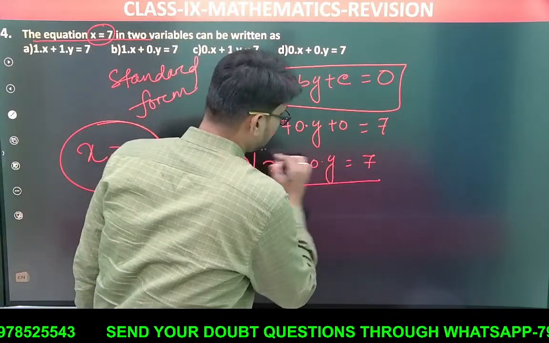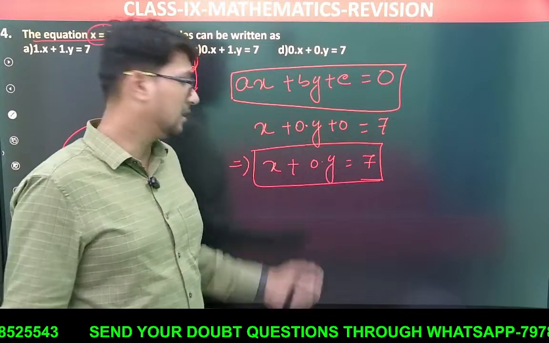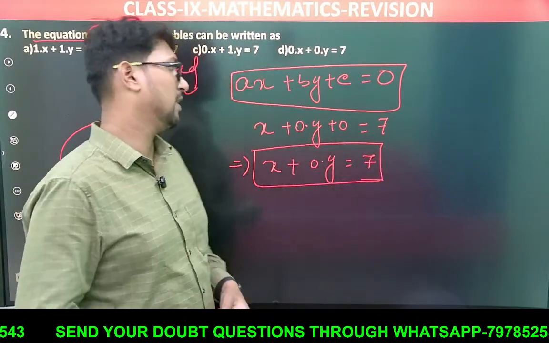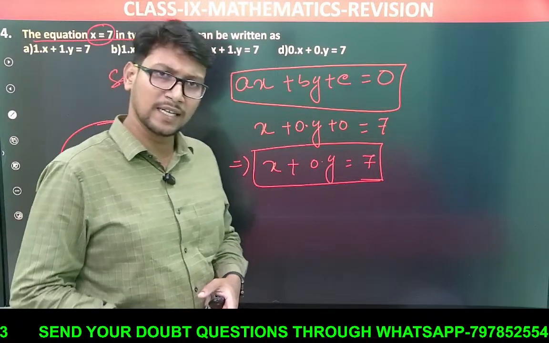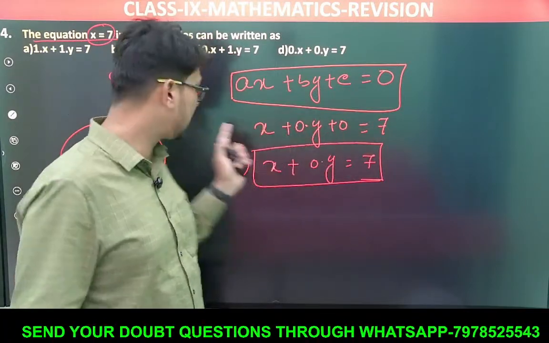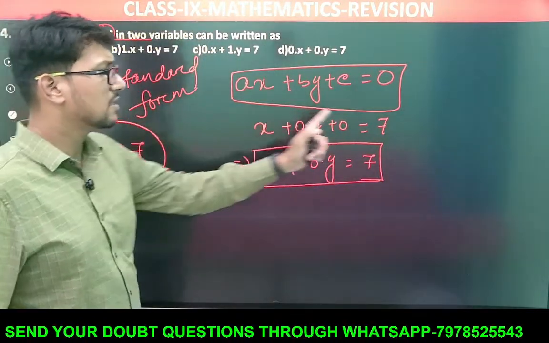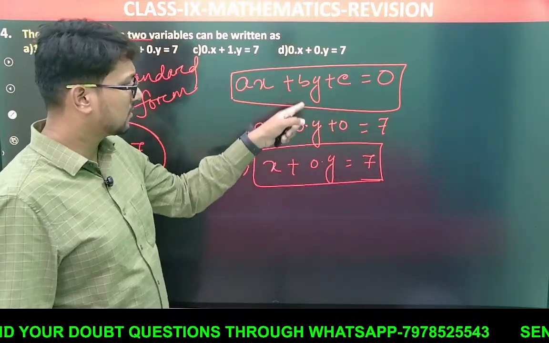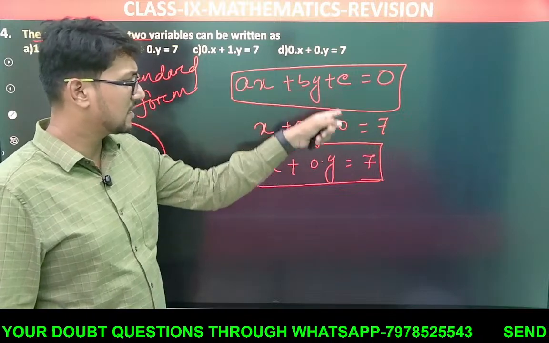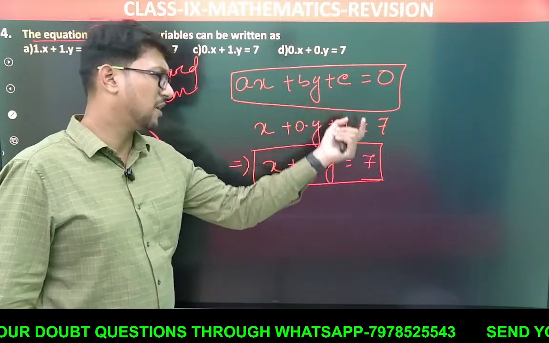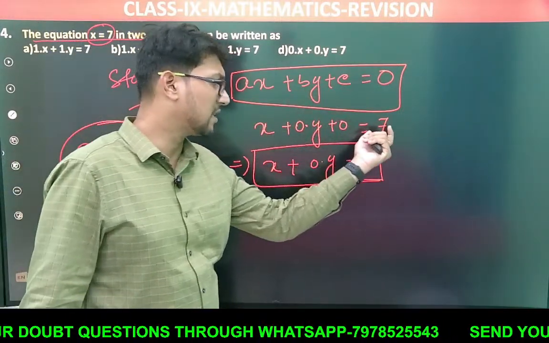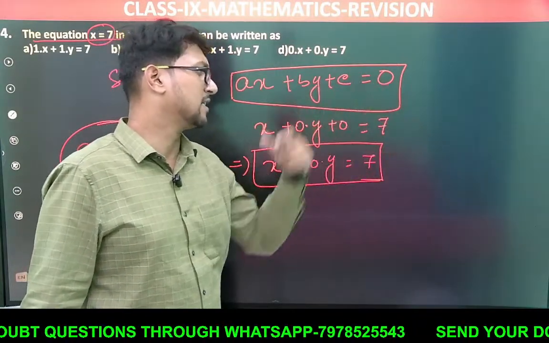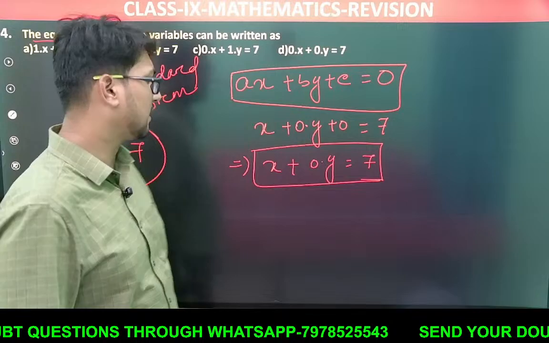And dear student, this is the linear equation in two variables. Because the x value has been given, x equals 7. I have taken 0 in the b case and also in the c case. But since 7 is a constant, in place of c we can write minus 7, and that side will also become 0. That is the final.